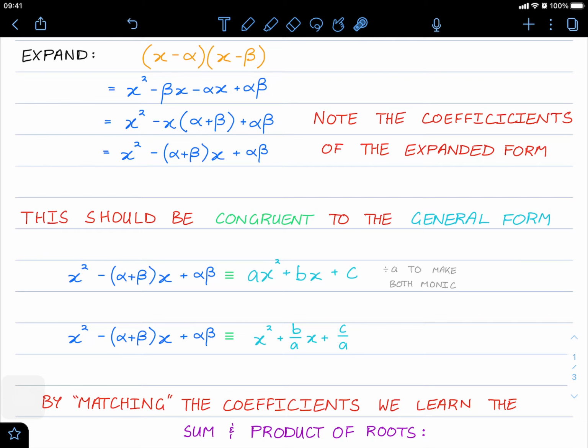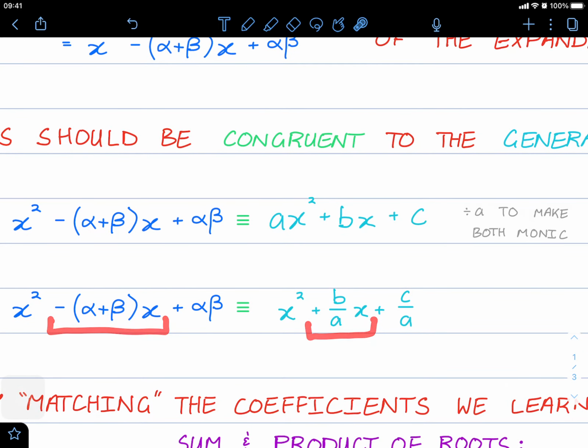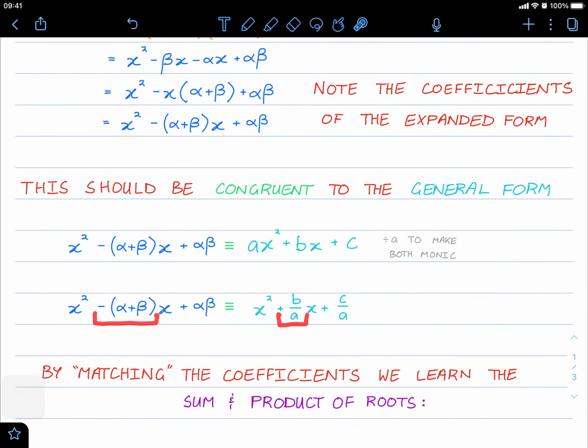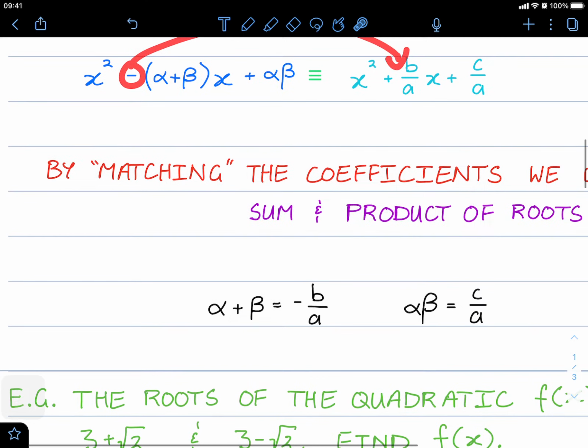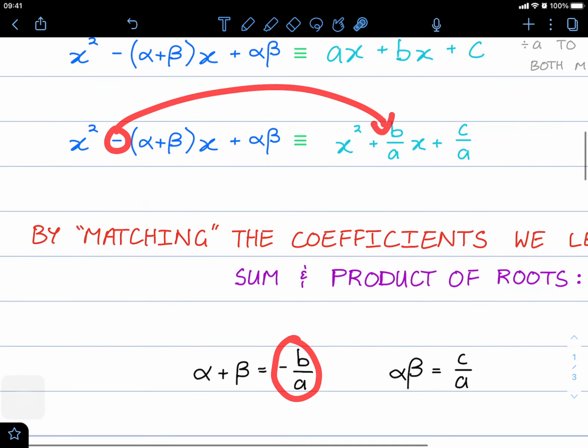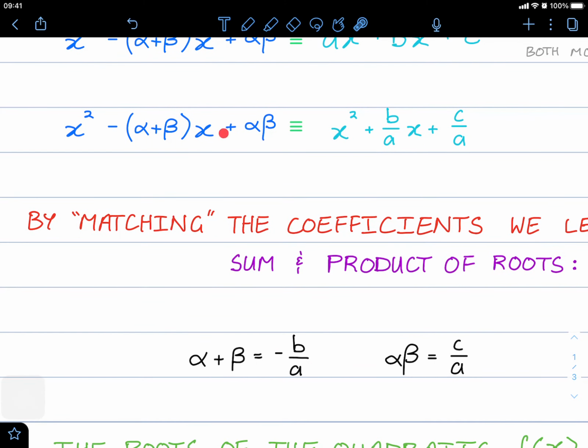By matching, I mean this term should match this term. Hence, we get negative alpha plus beta should be equivalent to b on a. By moving that negative to here, we get alpha plus beta equals negative b on a, and alpha times beta should be c on a.